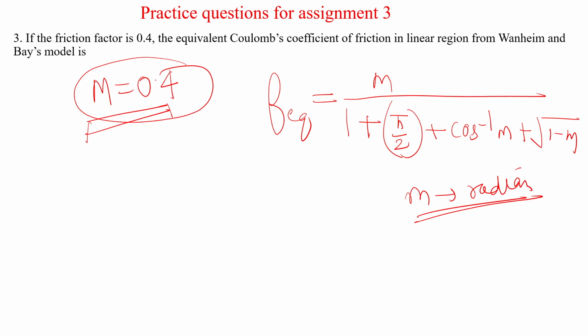So is this m in degree or radian? m is 0.4, na, it is radian. You need to use cos inverse of 0.4 in radians, because pi by 2 is also radian, na, it's not 45 degrees.